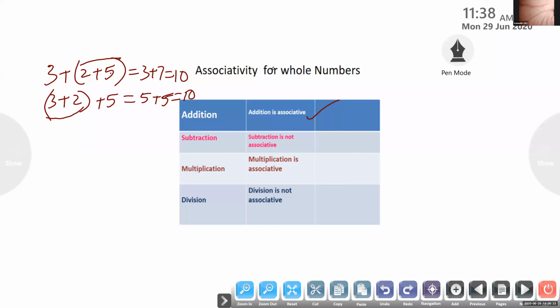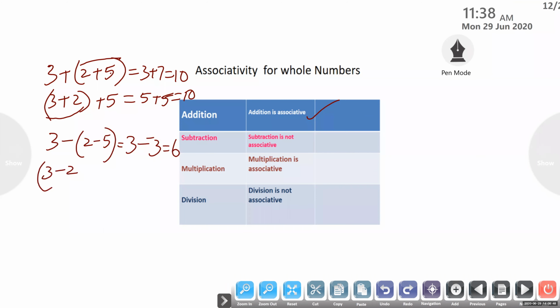Okay. Now we will check subtraction. For that, 3 minus, bracket, 2 minus 5, equal to what? 2 minus 5 is negative 3. 3 minus negative 3, negative becomes positive, so it becomes 6. Now we will group 3 and 2.